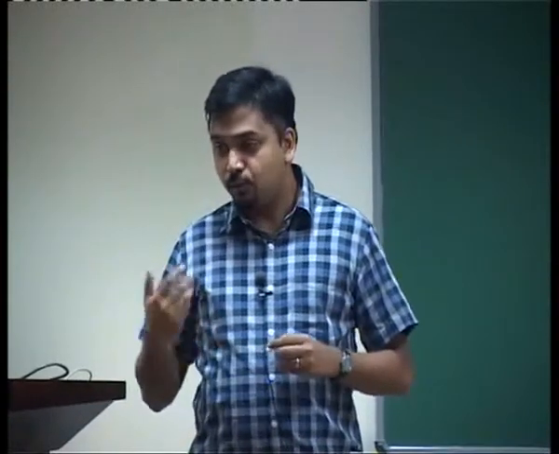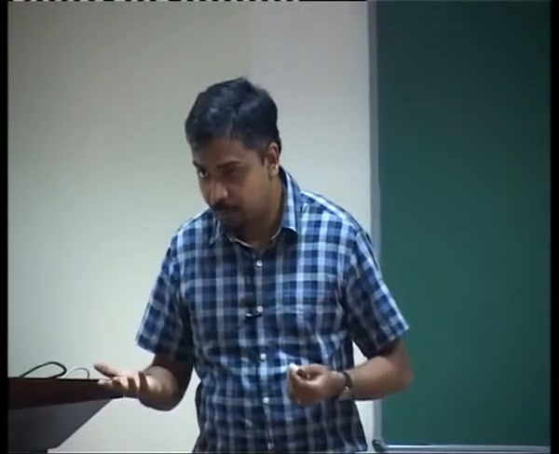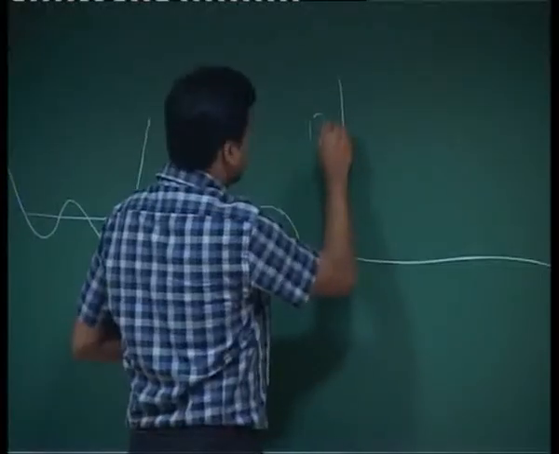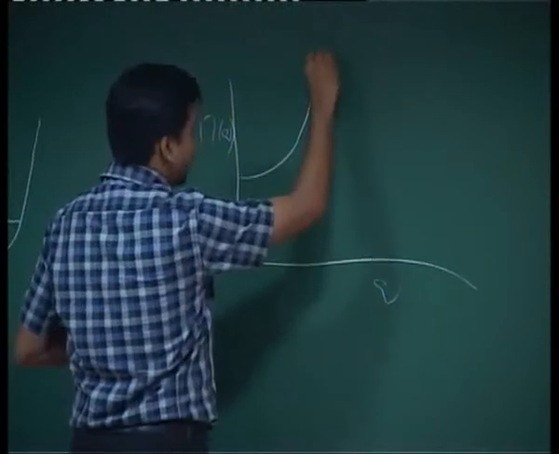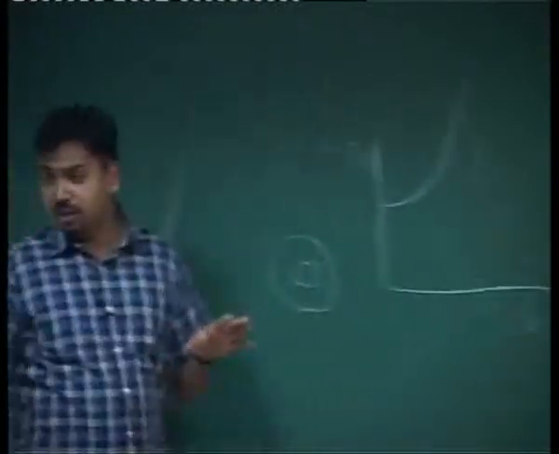One thing you would expect is something happening at delta kf. And indeed, if you look at pi of q as a function of q, at delta kf there's a derivative discontinuity.